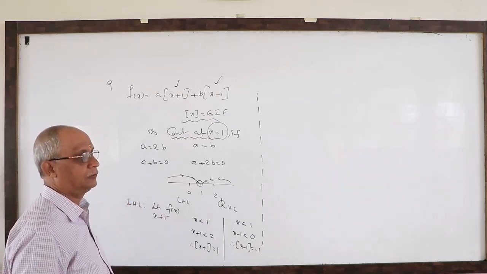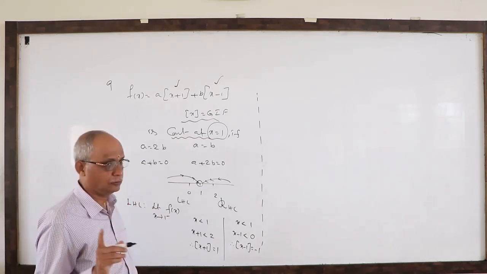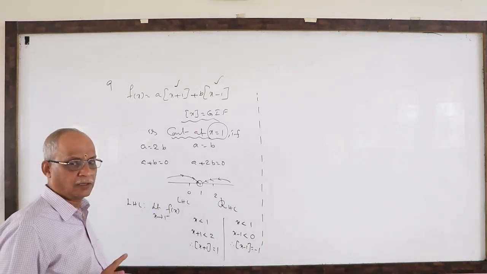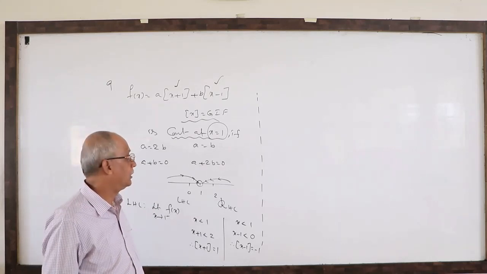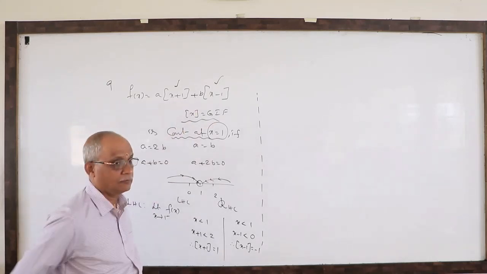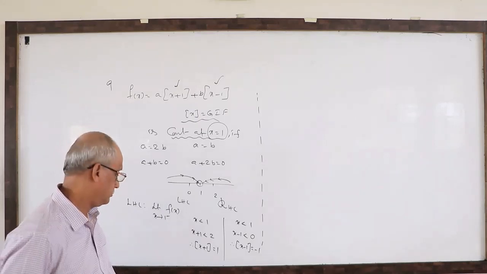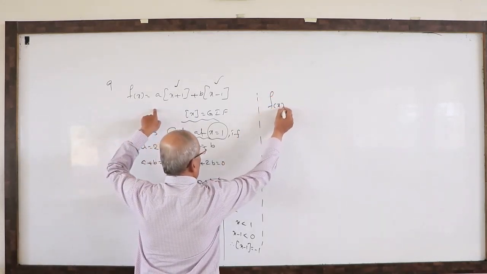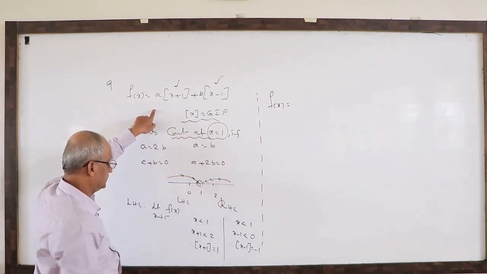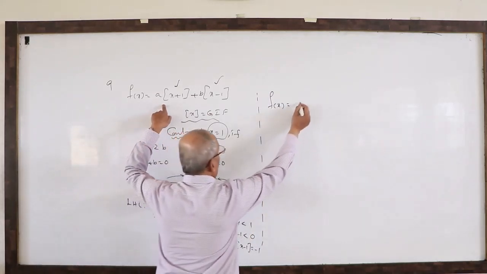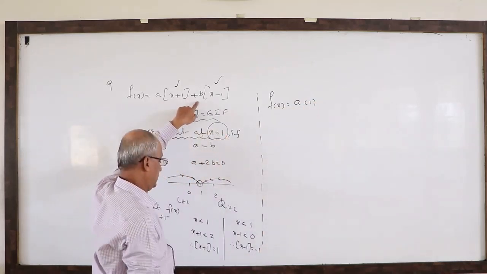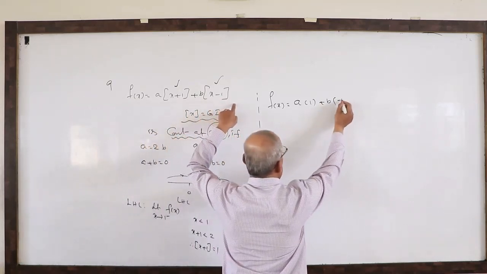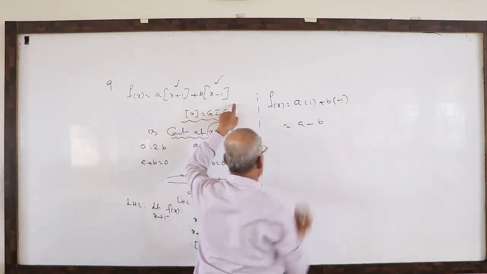Otherwise no, you are not eligible to start solution. Or we say the question is not eligible for solution unless you define that symbol. Now we define that. Write down this. Now what is our f of x? A into 1 plus B into minus 1. What is value now? A minus B. This is our left limit.